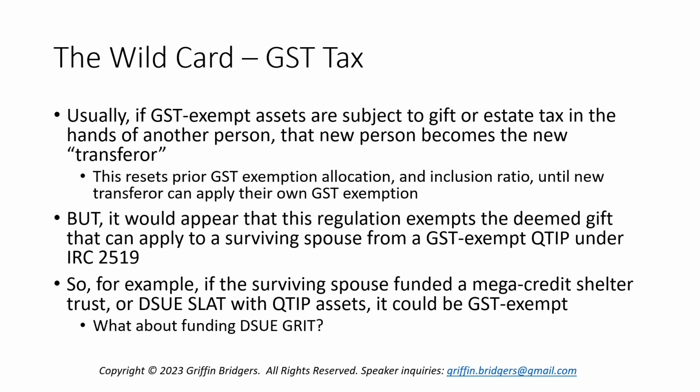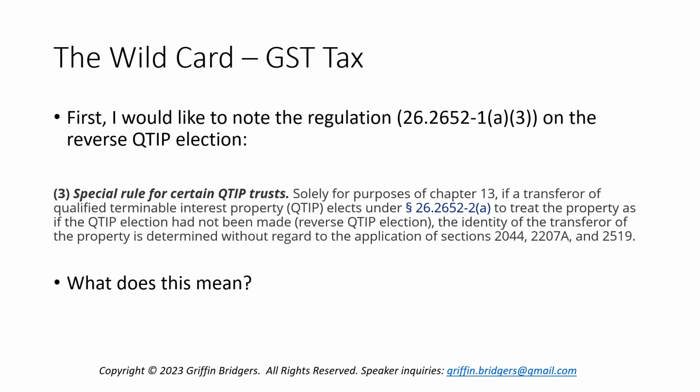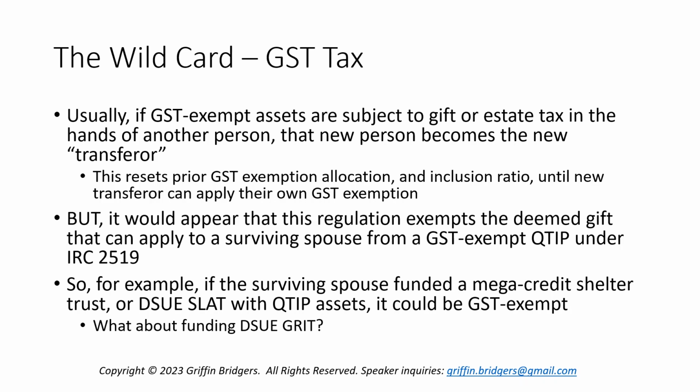Now, when it comes to a DSUE GRIT, that may not be effective because note that the regulation here bypasses 2044 and 2519. What it doesn't bypass is code section 2036, which is what might apply to the DSUE GRIT.